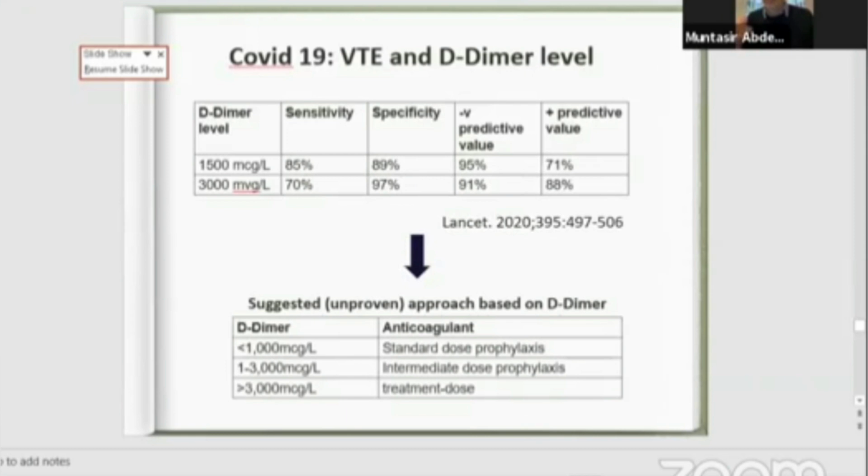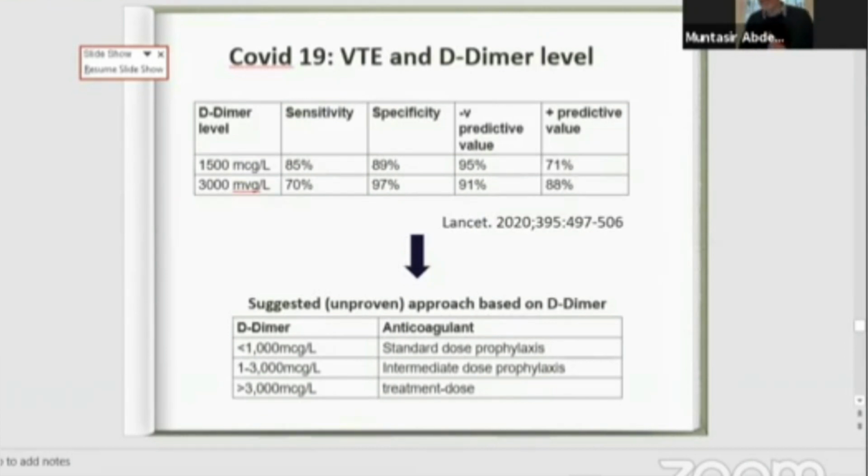But if it is 3000, then the chance of having DVT and PE is high. They felt that probably we could use D-dimer to decide what treatment we should give.